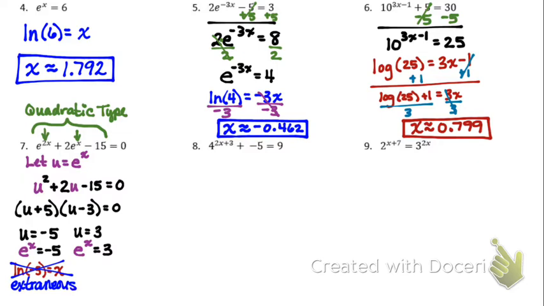The other one, could I write that one as a natural log? Yep. Natural log of 3 is equal to x. This would be my exact solution. I do also want to know an approximate solution for this.